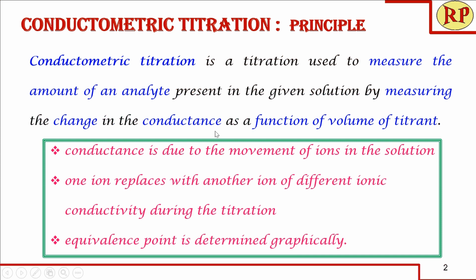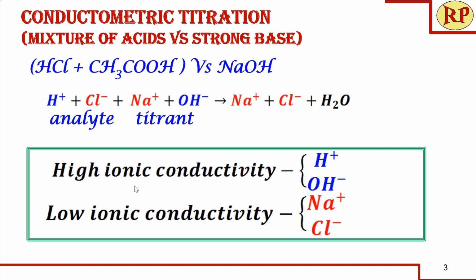So the conductance is mainly due to the movement of ions present in the solution, and during titration we see that one type of ion is replaced with another type of ion with different conductivity, and the equivalence point is determined graphically.